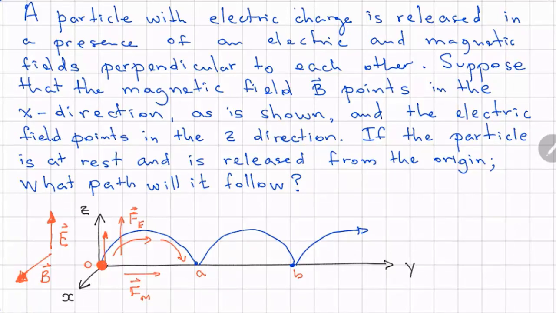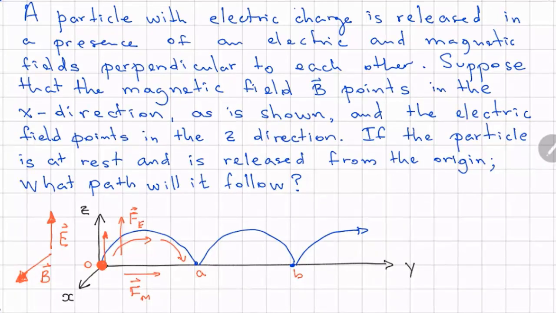At this point, I mean point A, or when the particle is moving toward point A, the particle is moving against the electrical force and it starts slowing down.